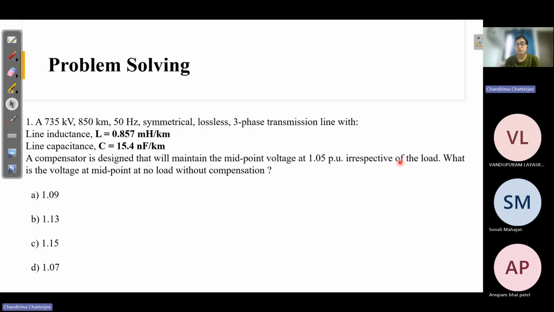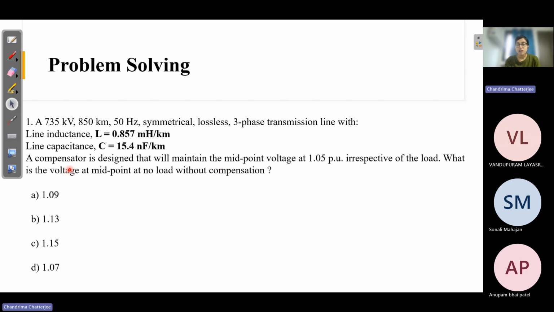So this is very important. Whatever be the load, if you design the compensator properly, it will always maintain the midpoint voltage at 1.05 per unit. That means the over voltage will be only 5% extra. It will not cross 5%.